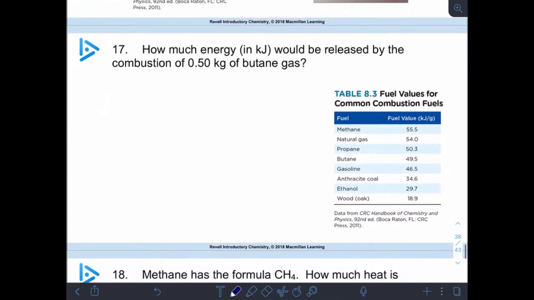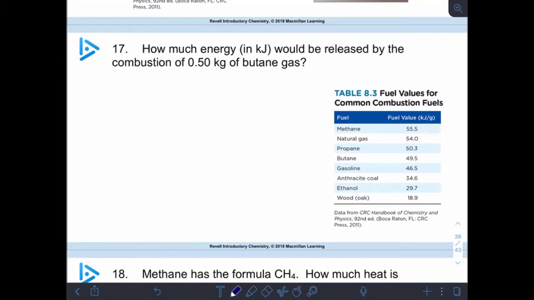Okay, so let's see how much energy in kilojoules would be released by the combustion of 0.5 kilograms of butane gas. Our fuel value for butane is right here. It's 49.5 kilojoules per gram.